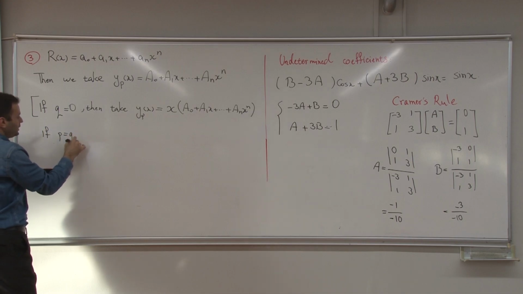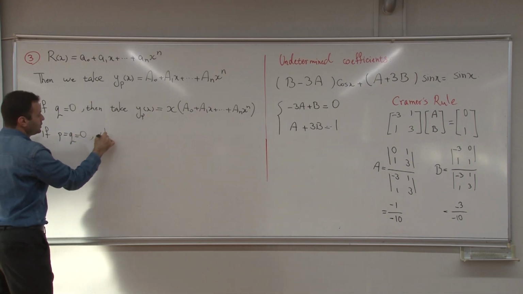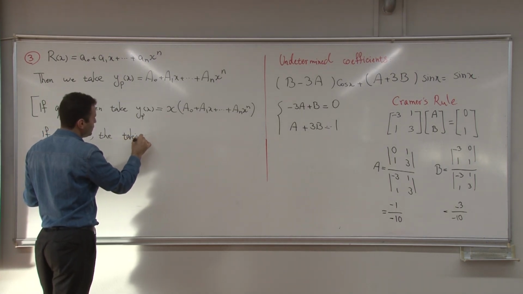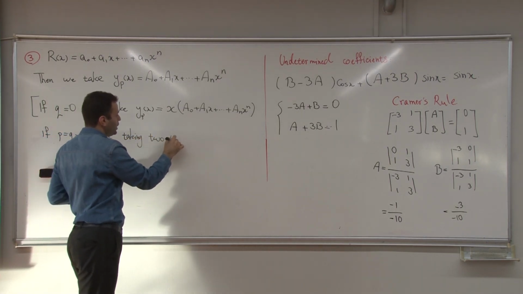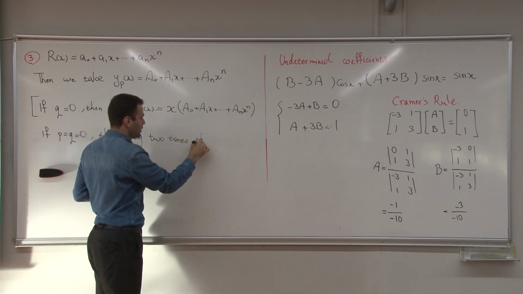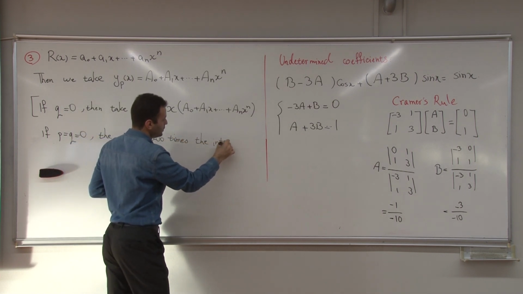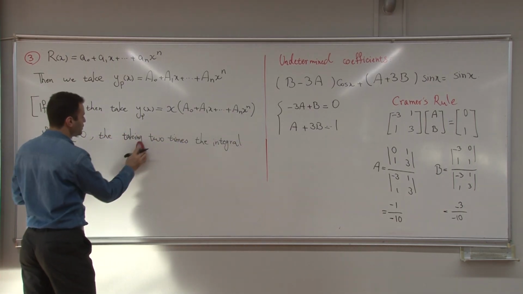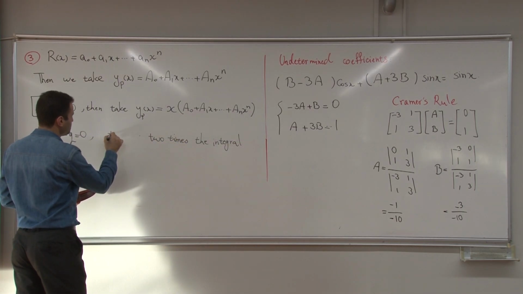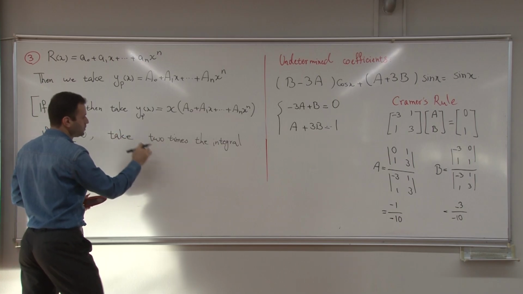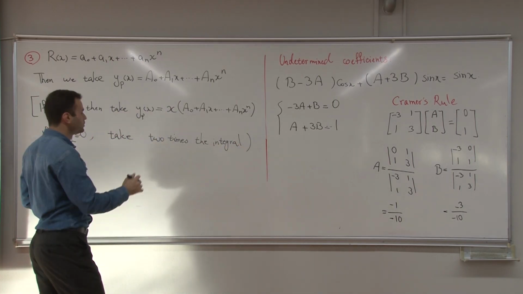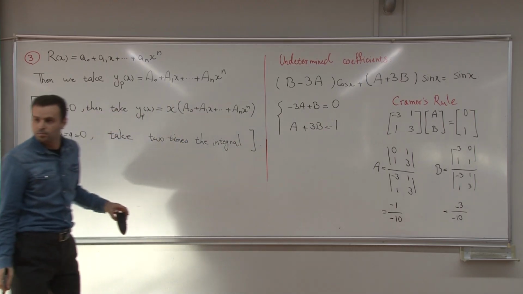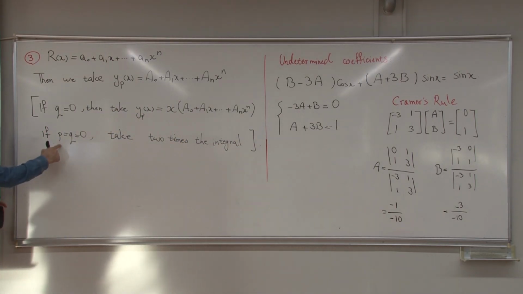If p and q are both 0, then take 2 times the integral. Why does taking 2 times the integral work in this case?